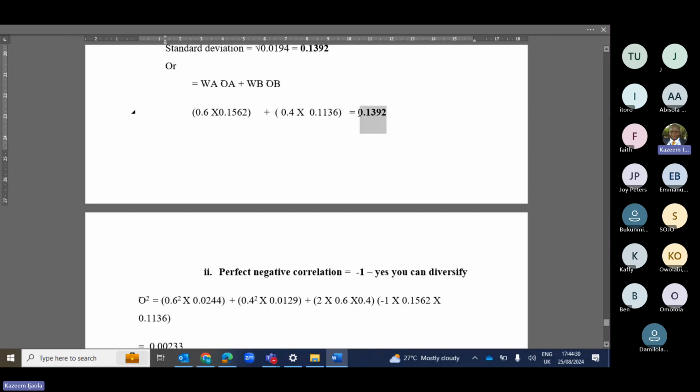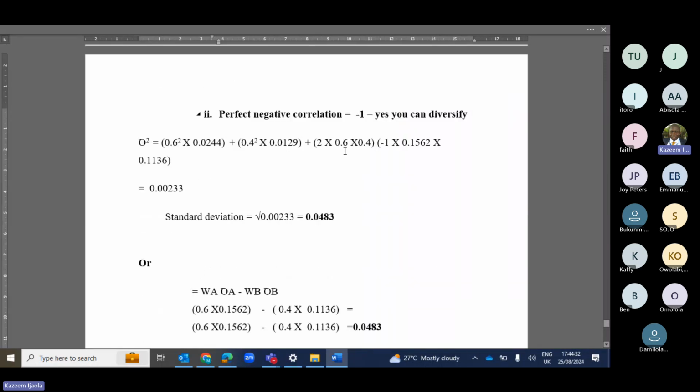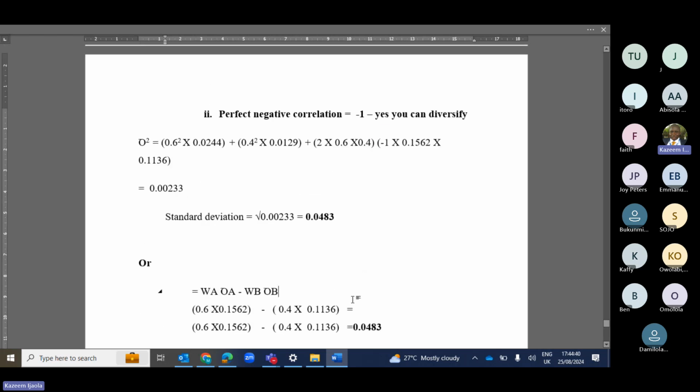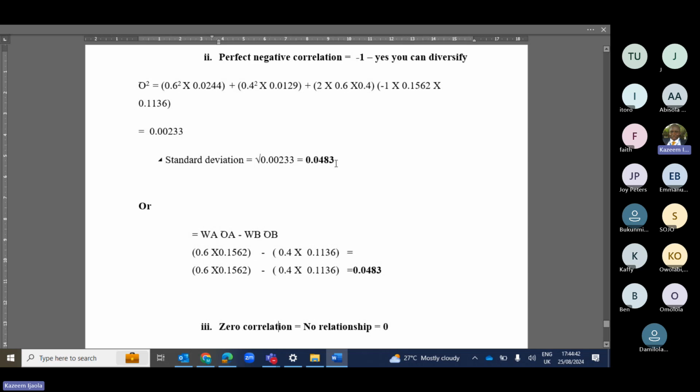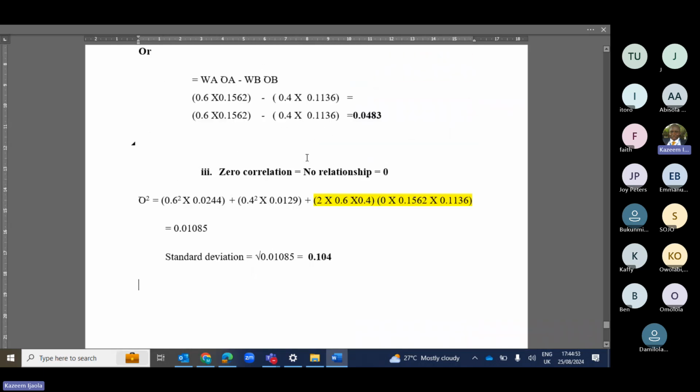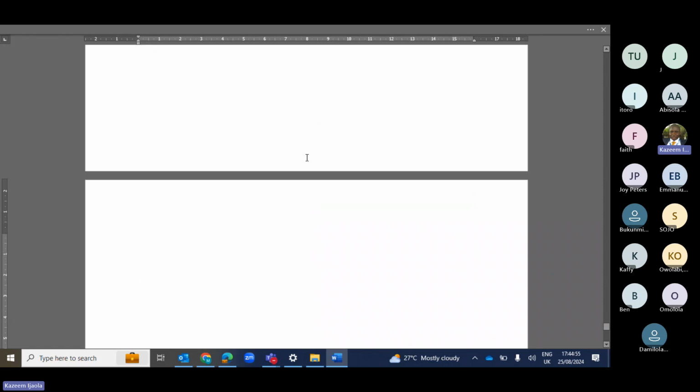Perfect negative gave us 0.04. The third one gave us 0.1. So the best answer is actually the perfect negative, which means that you only diversify when your correlation is negative. Don't diversify when it is positive, and don't diversify when it is 0. Please diversify when it is perfect negative.